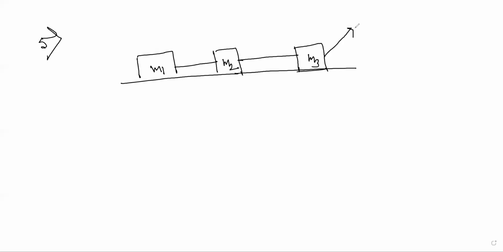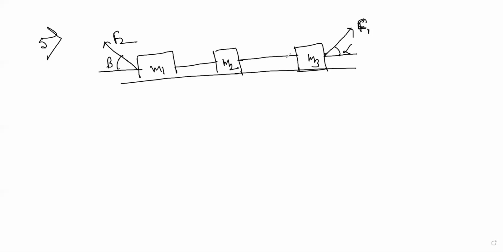A force F1 is acting at an angle alpha, and a force F2 is acting at an angle beta. And you might be asked to find out the acceleration.